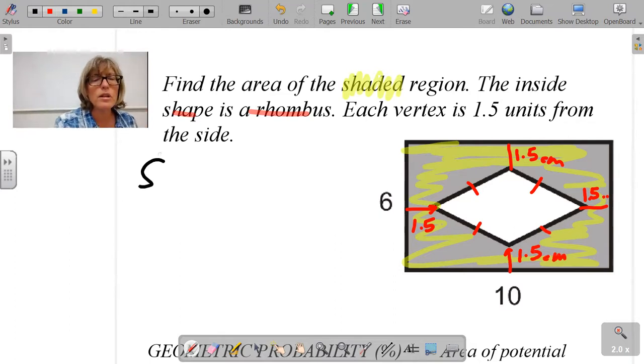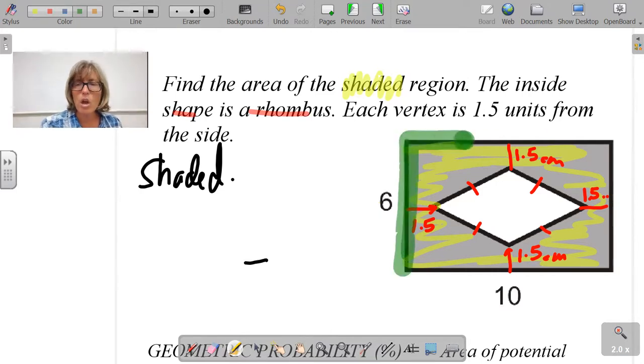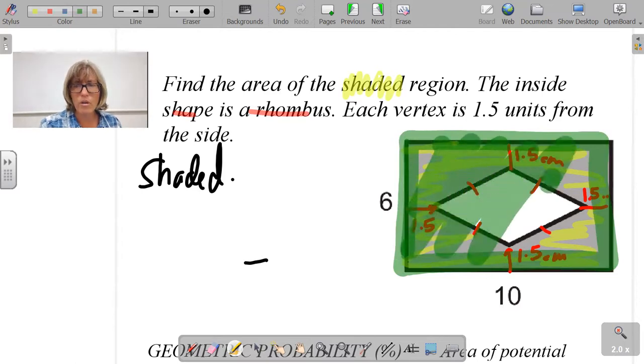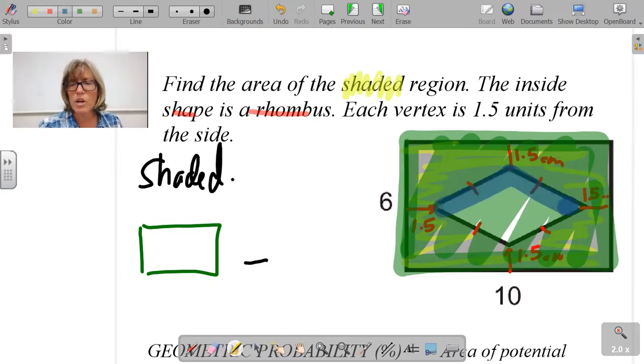We want to find the area of the shaded. Now this is a negative space. To find the area of the shaded region, we're going to make ourselves an equation. We're going to find the area of the larger outer rectangle, and then we're going to find the area of the inner rhombus.